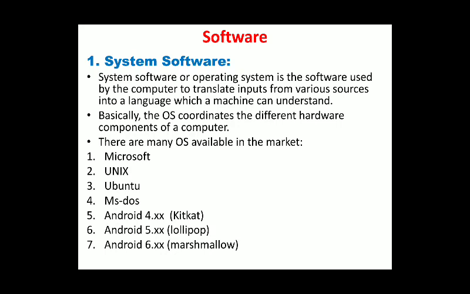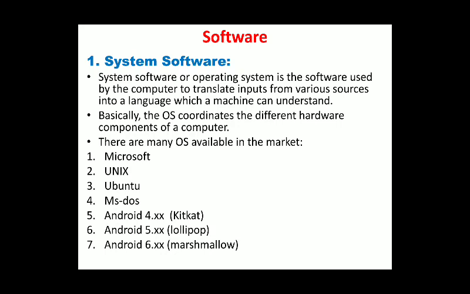The operating system is software used by the computer to translate inputs from various sources into a language which a machine can understand. A machine can only understand its own language, so we have to convert our human language into machine language, and that is done by the operating system, which is system software.